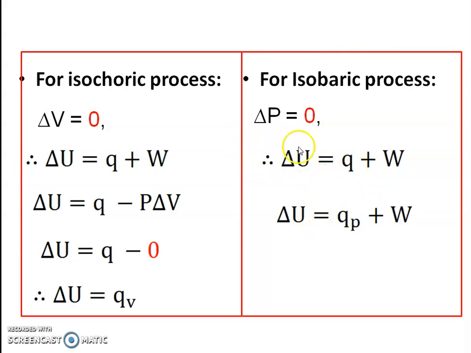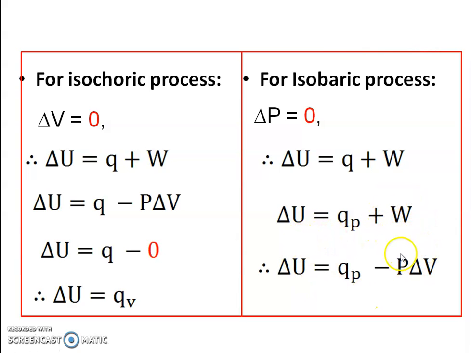So the same equation we can write as delta U is equal to QP plus W, where delta U is the change in internal energy, QP is heat supplied to the system at constant pressure, plus W is work done. So this is for the isobaric process.